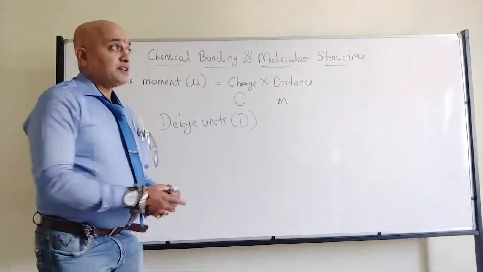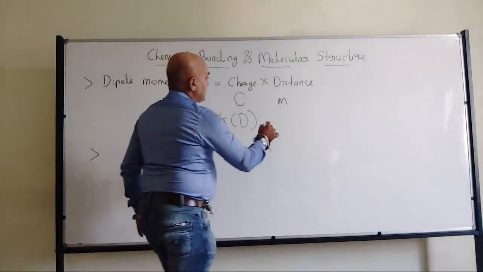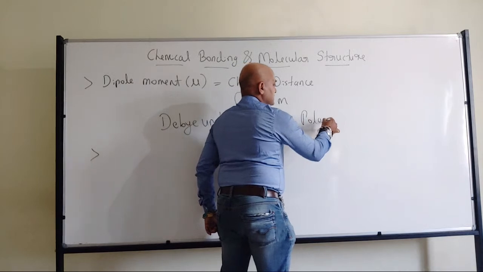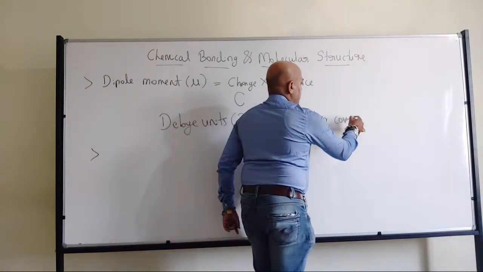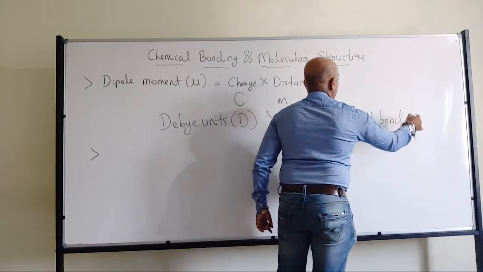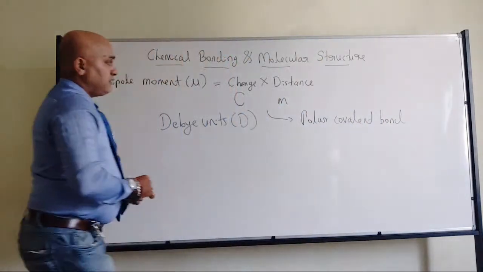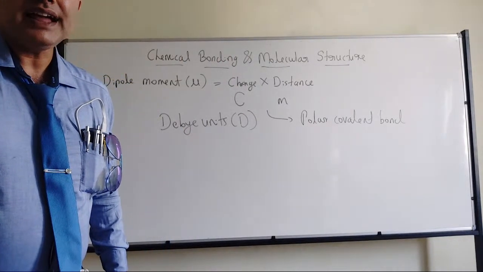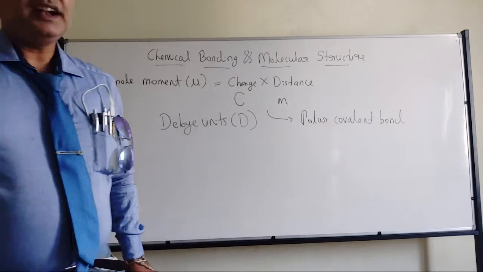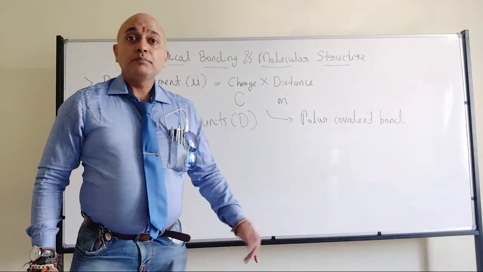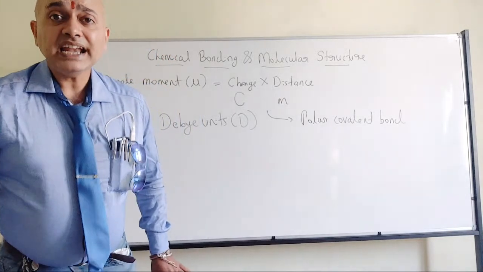Whenever dipole moment is high, those types of covalent bond are called polar covalent bonds. Please remember, they are called polar covalent bonds, because they have two terminals, a positive terminal and a negative terminal.